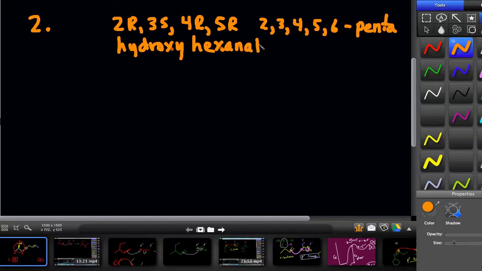And we have a lot of different Fischer projections. So really this is not a very difficult problem if you think logically and you just try to make the approach as easy as you can.